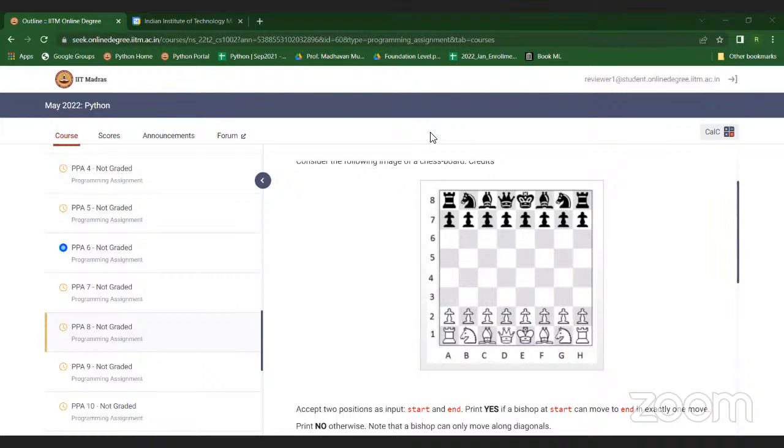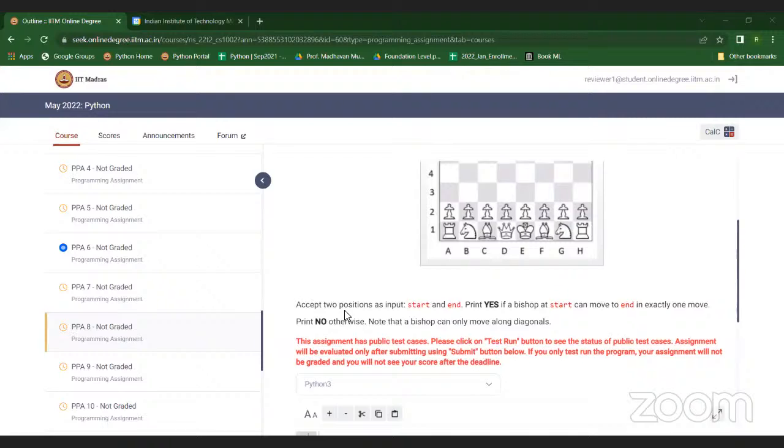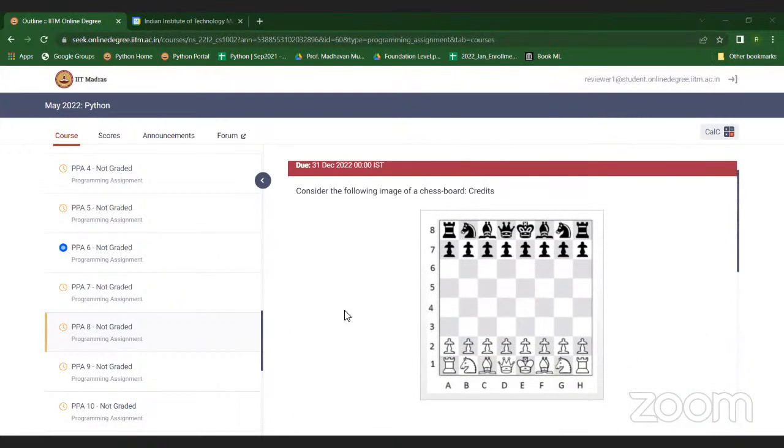Thank you. Ram, I have one small doubt. If this type of similar question comes in the quiz, unfortunately, it may be the least chance, if someone is not aware what a bishop is on the chessboard, then what to do? Since this is a PPA problem, we did not explain it completely.